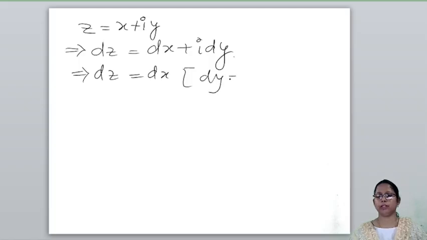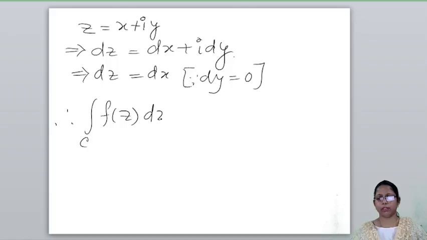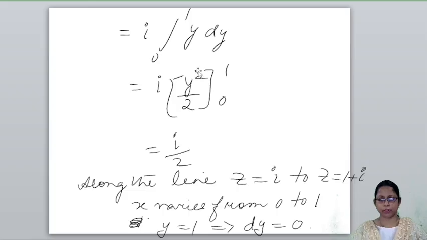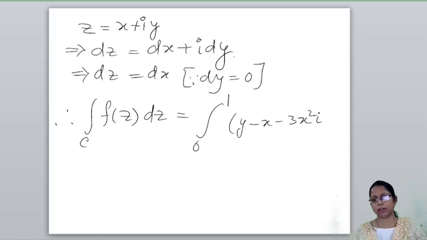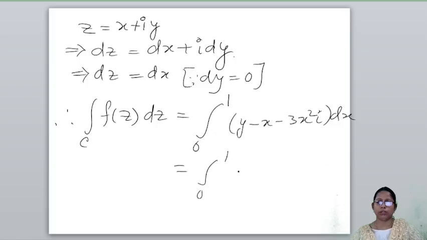Therefore, the integral of f(z) dz is the integral from 0 to 1 of y minus x minus 3x squared i dx, where y is 1.